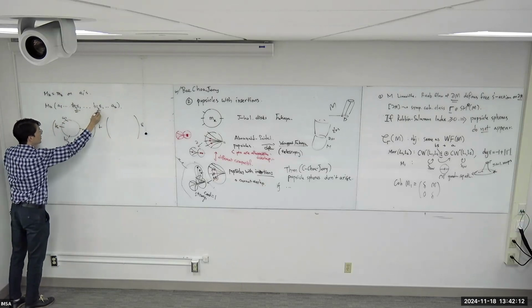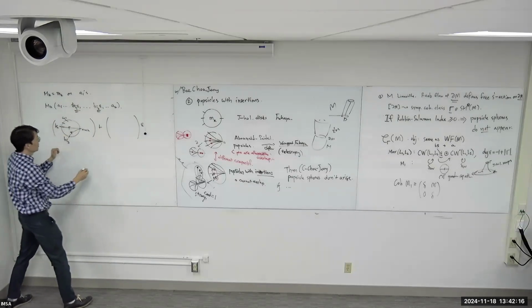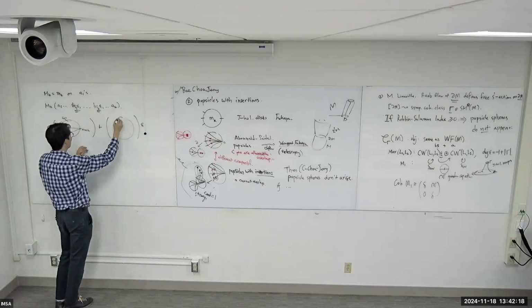Whenever you see epsilon, then you draw lines and insert gamma. And here the same.